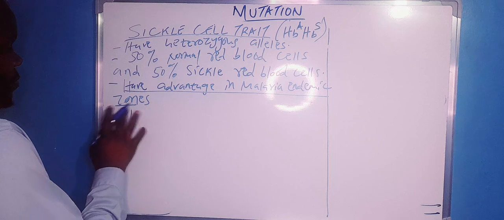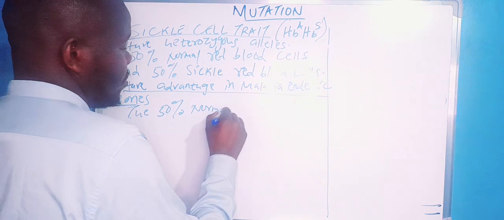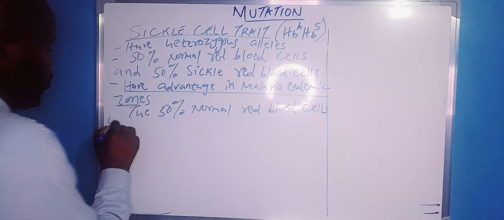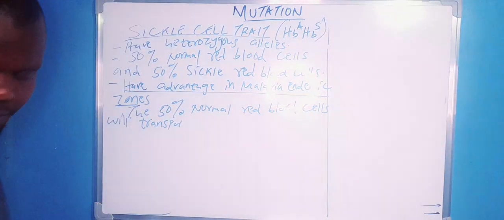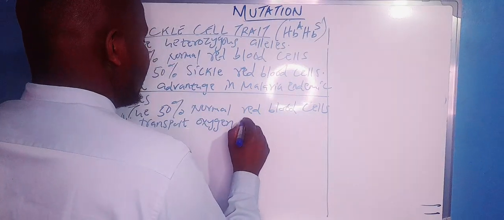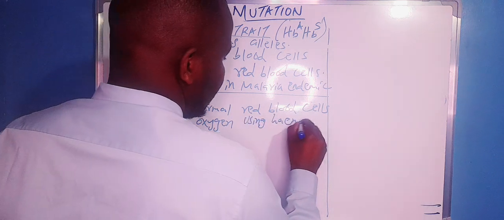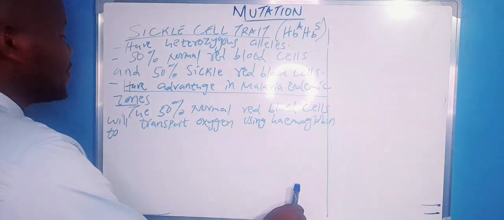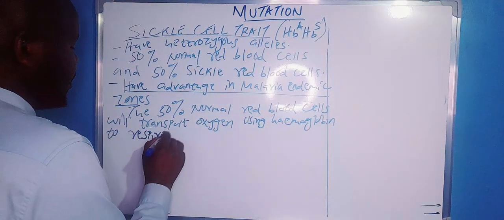So in the 50% normal red blood cells, they will transport oxygen using hemoglobin to the respiring tissues.